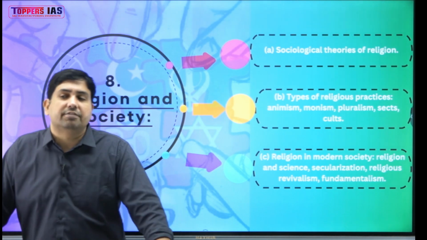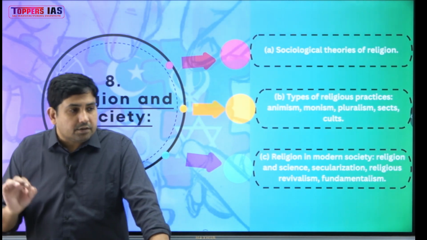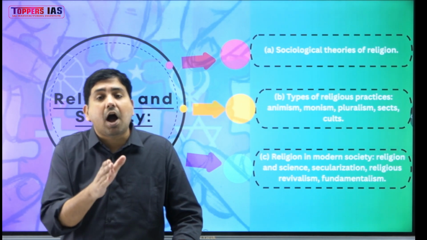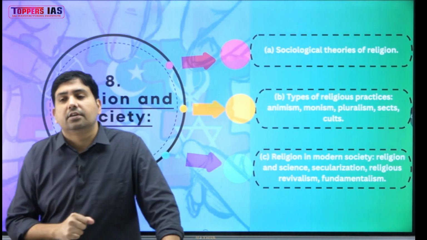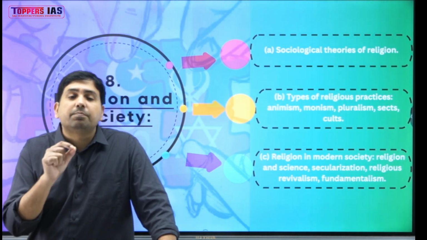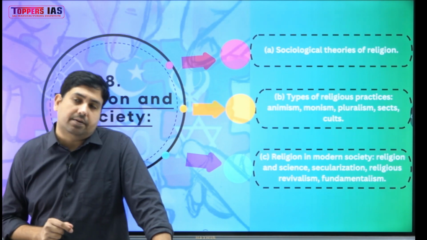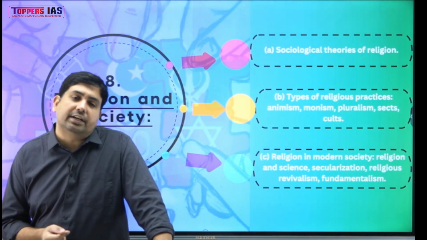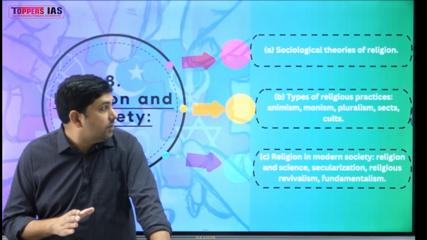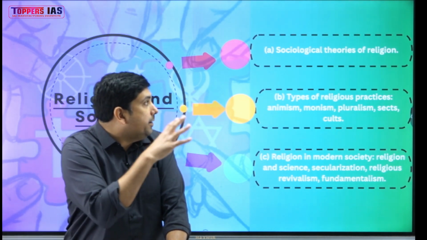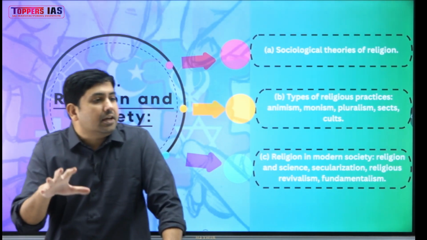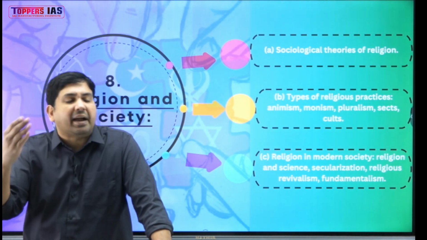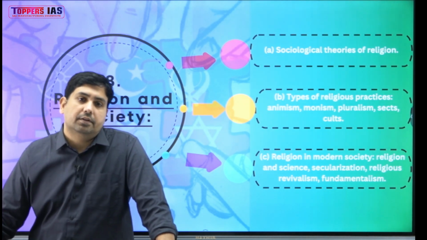Under it there are sociological theories of religion. They try to explain how major sociologists have explained the origin of religion, the functions of religion, and the impact of religion on society or groups.